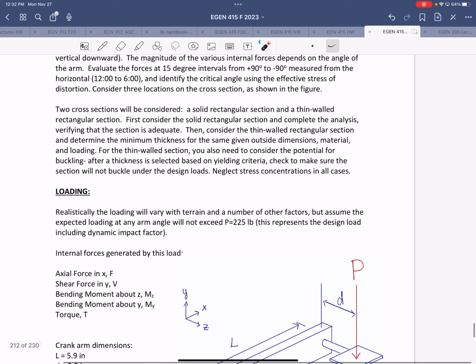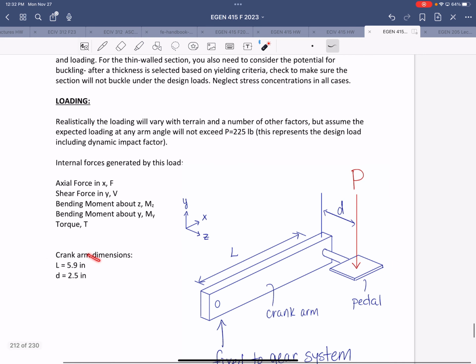All right, so now this is where the analysis and design is going to be a little bit separated. You're going to consider 2 different cross-sections, a solid rectangular section and then a thin-walled rectangular section. First, the solid rectangular section will be used to conduct the complete analysis that shows that the section is adequate. For that, I give you all of the dimensions that you need.